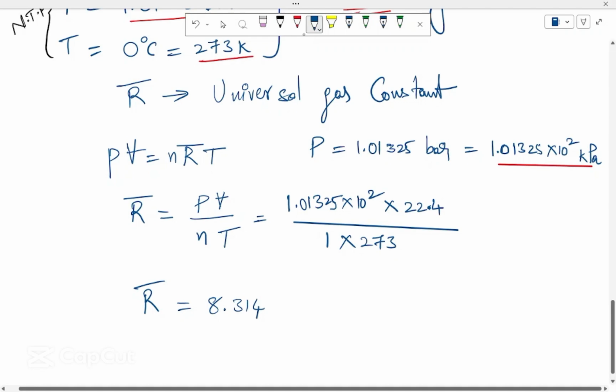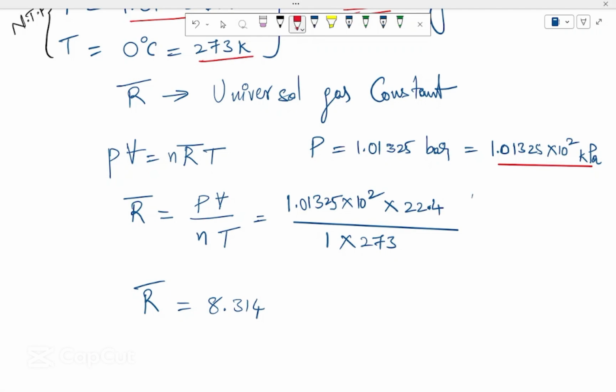So what is the unit of this R bar? We have to understand here. For pressure, the unit is kilopascal, and the unit of volume is meter cube.